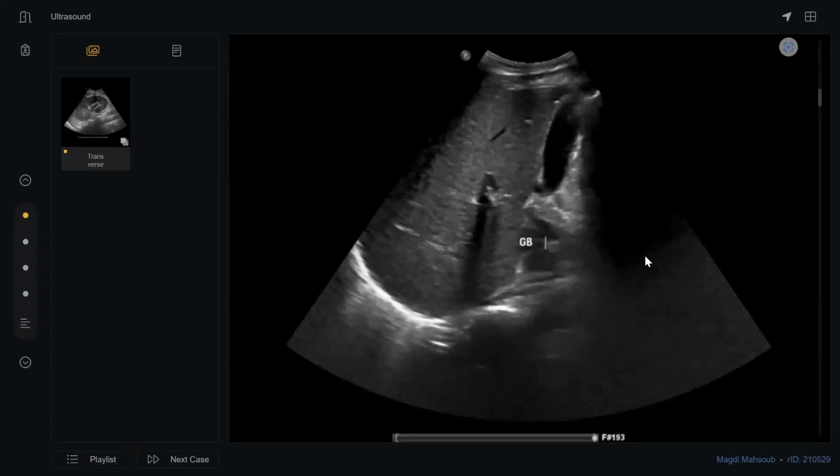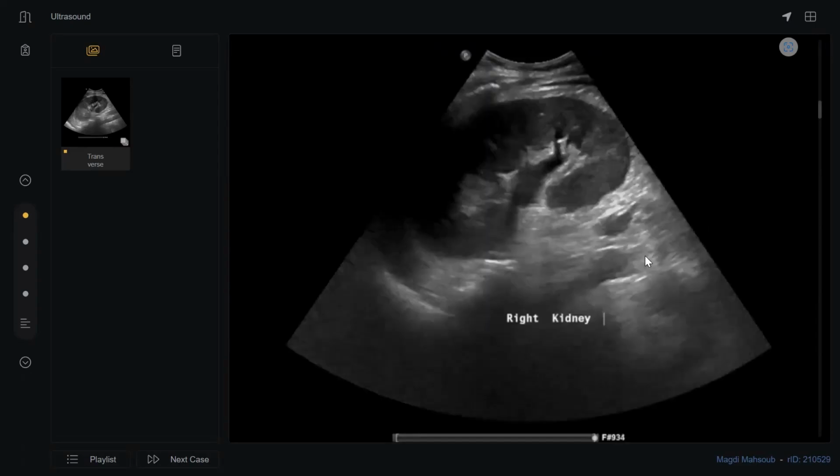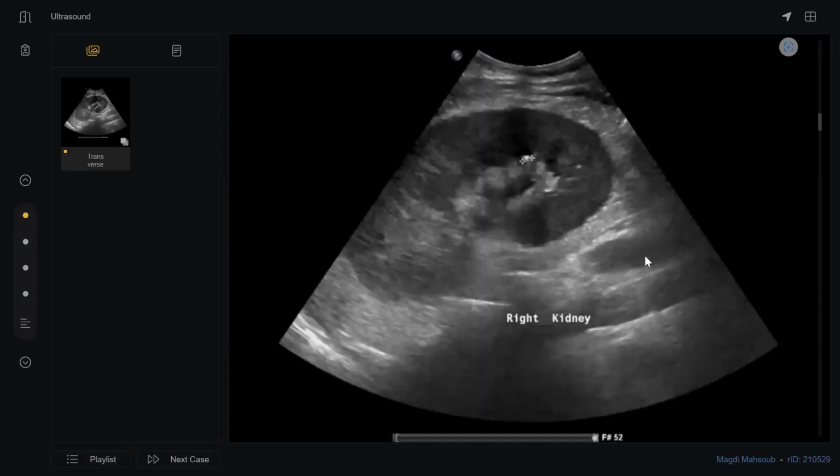And the right kidney is also bulky with perinephric fat stranding, and there is an altered echogenicity area noted at the upper pole of the right kidney.